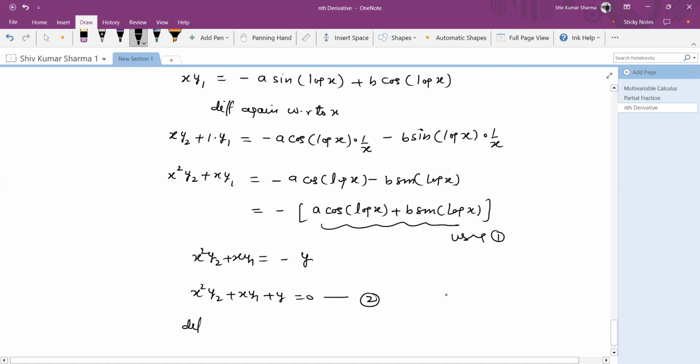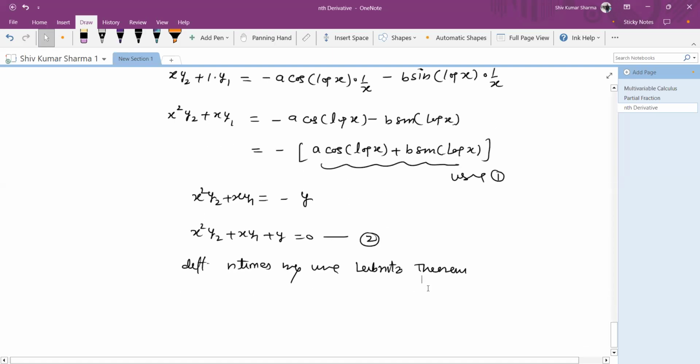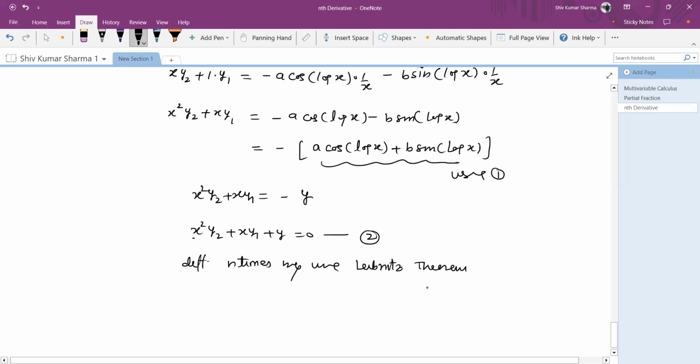Now we differentiate n times by using Leibniz. So when we differentiate this n times, same thing we do. x square we consider as v, and y2 we consider as u. Same for the second term: x we consider as v and y1 we consider as u. So apply the Leibniz theorem.